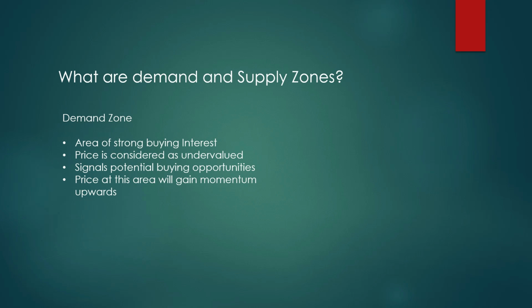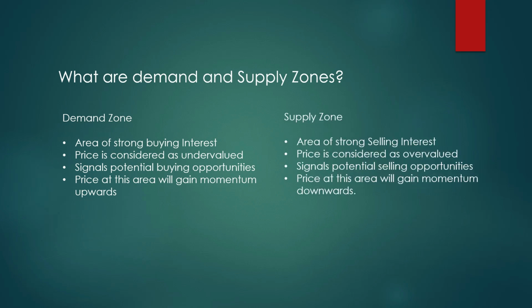As opposed to this, the supply zone is an area where there is a strong selling interest, and price at this zone is often considered overvalued. So if the price revisits this zone in the future, price is likely to gain momentum downwards and it signals potential selling opportunities.